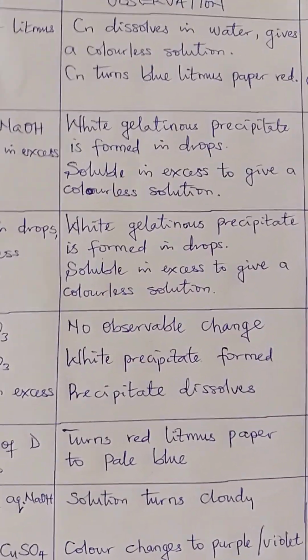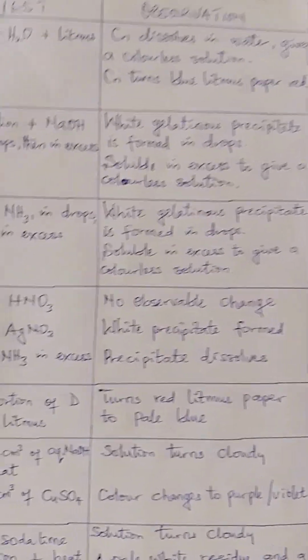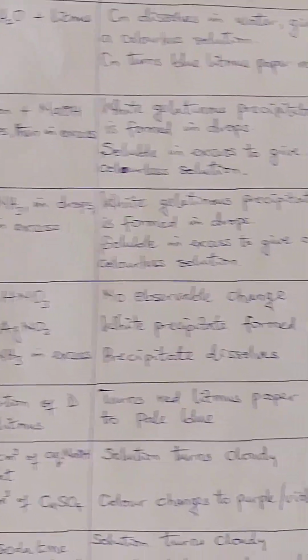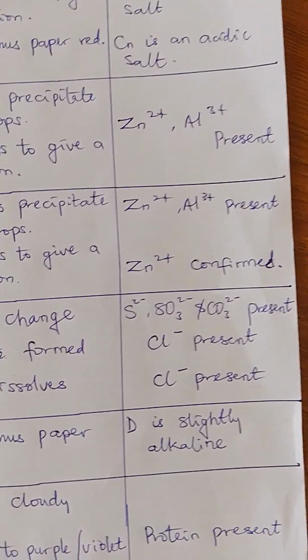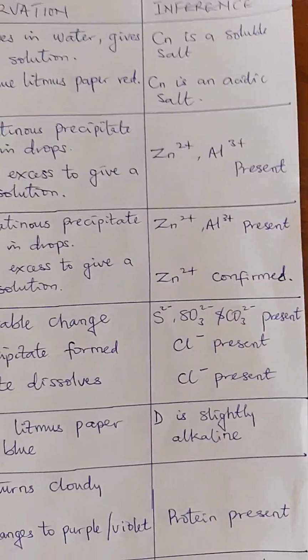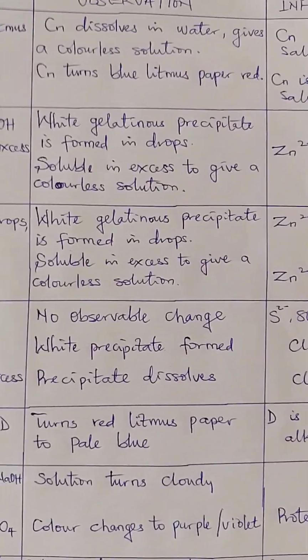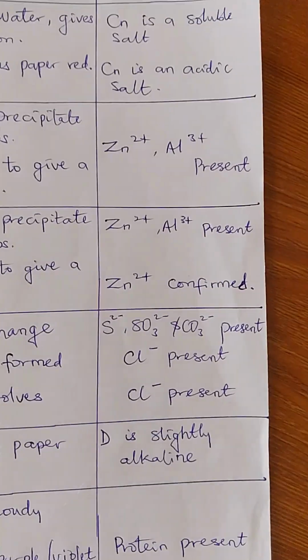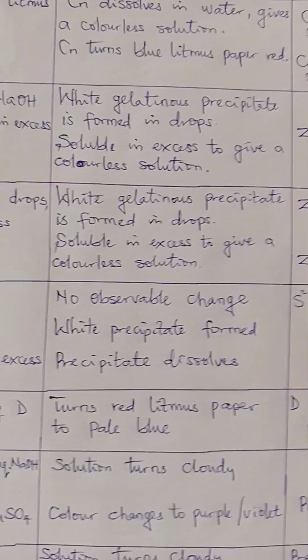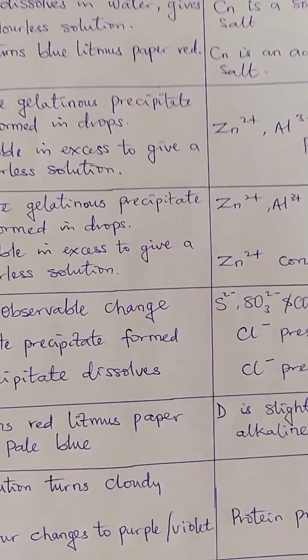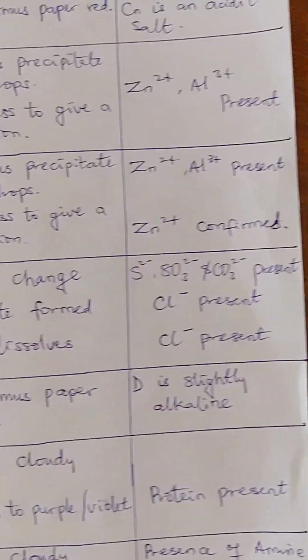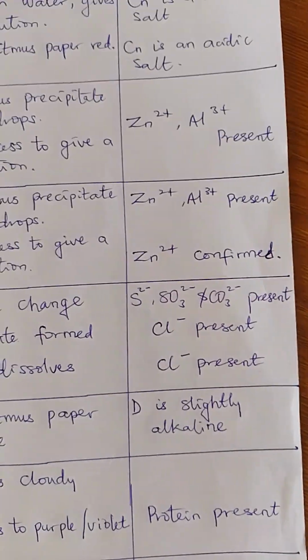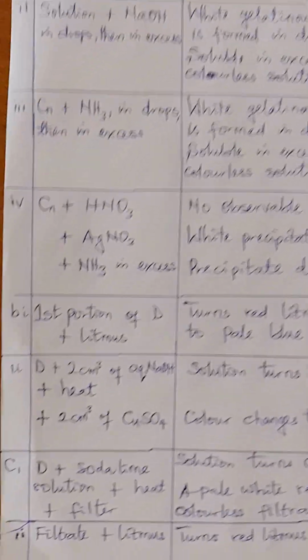And anything that dissolves in excess ammonia confirms the presence of zinc ion. Now see how I put it. The first one, the white gelatinous precipitate formed in drops, could represent zinc ion or aluminium ion present. But when you add the ammonia in excess, it becomes a colorless solution. That confirms the zinc ion present. Are we together? All right.